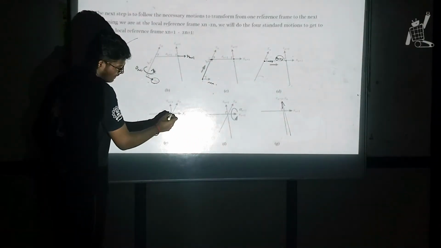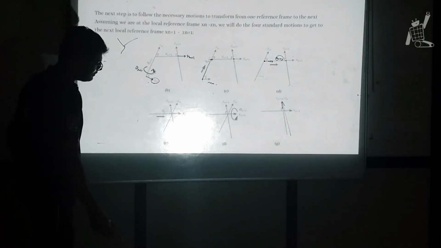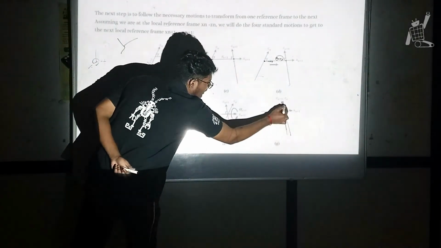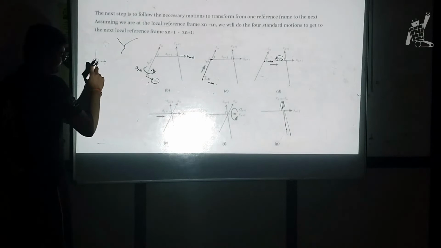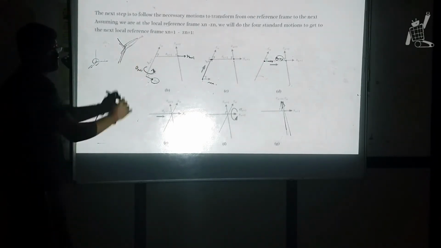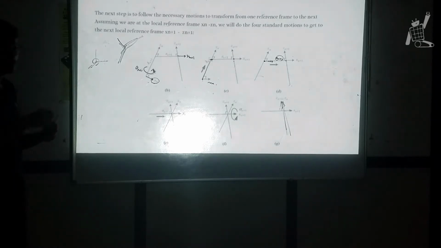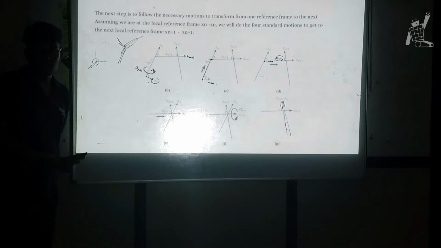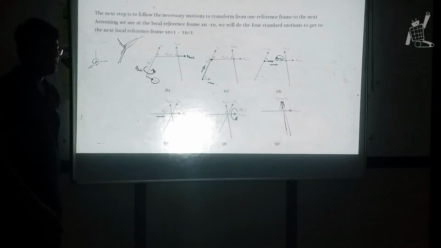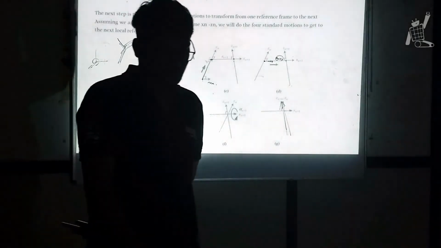Now there is an angle between z and z plus 1, so z needs to rotate by an angle alpha n plus 1 to completely align. So this frame will be completely aligned like this. After doing all these 4 steps, it will be completely aligned. These are the only 4 parameters for this transform, common for all.